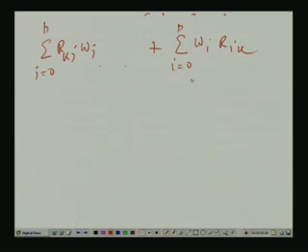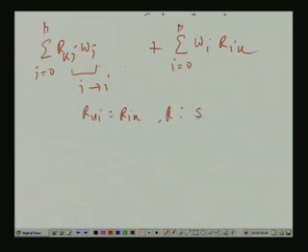Now, consider the two summations R k j and R i k. Firstly, permit me to replace j by i here, it does not matter. So it becomes R k i W i and summation over i, and R k i because of symmetry is R i k, because R is symmetric.